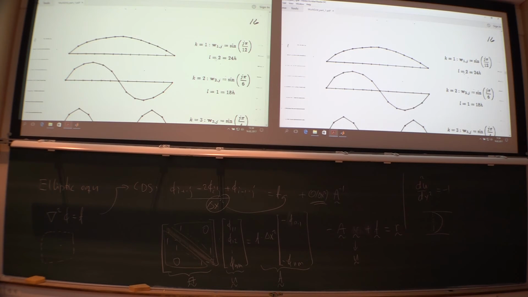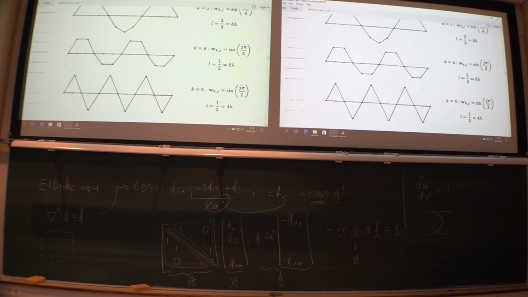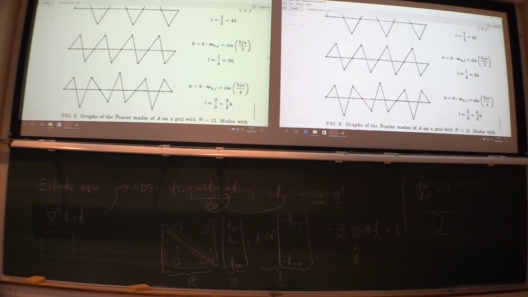Now, as an example, how can you represent different modes here with only 12 points? K equals 1, that's a fairly good representation of half a sine wave. And a full one, K2, K3, K4, K6, it's starting to be questionable. Is that a sine wave or is it something else? And if you continue even further, 8, 9, it just gets messy.